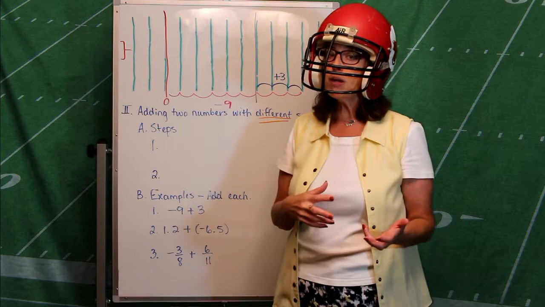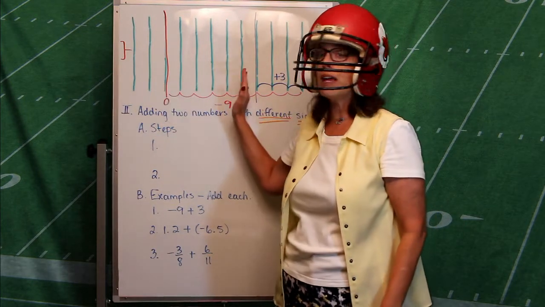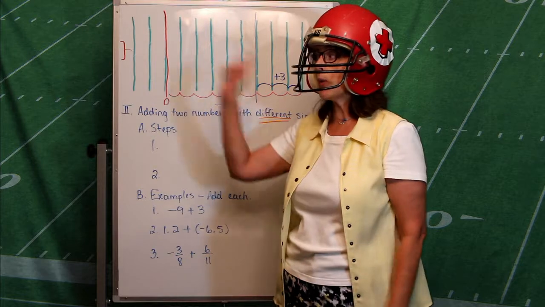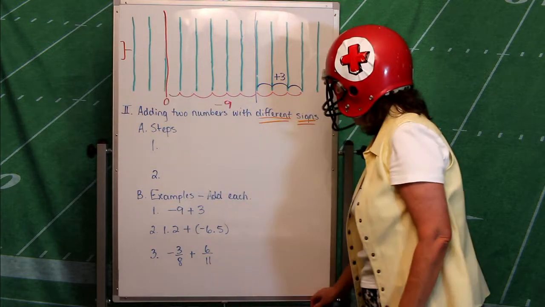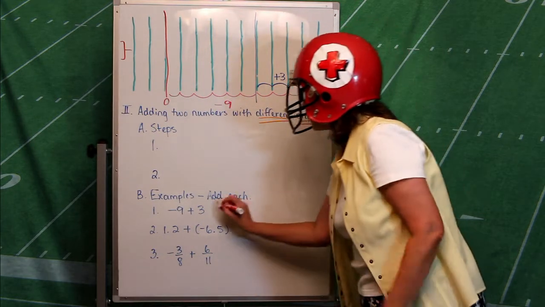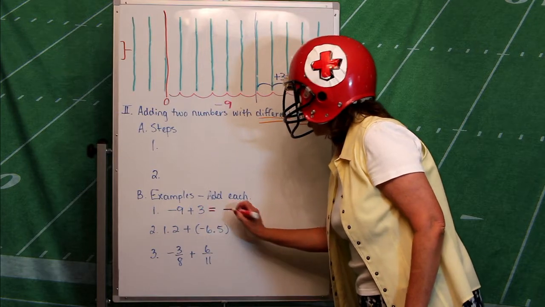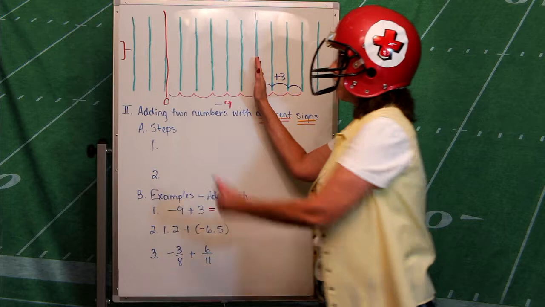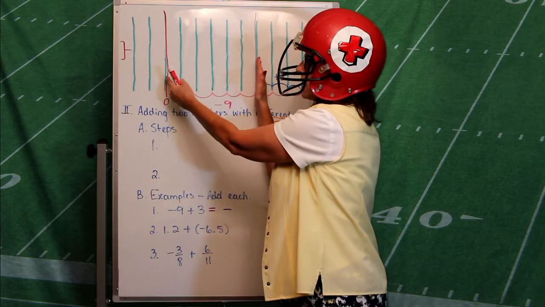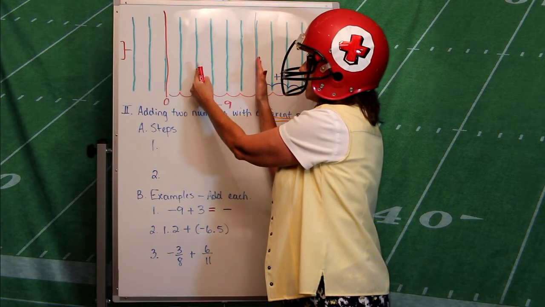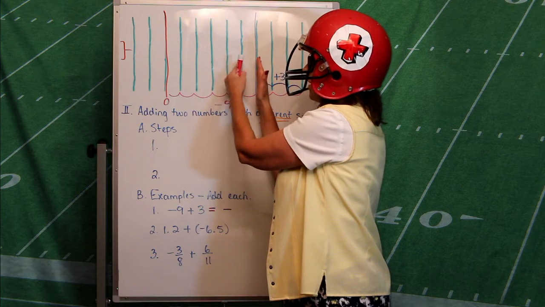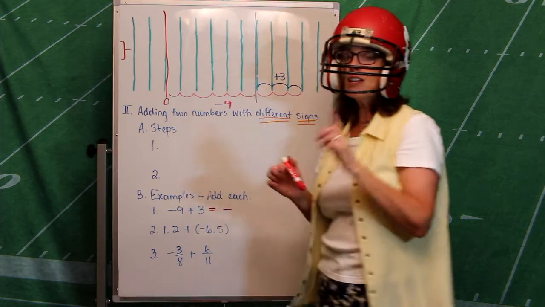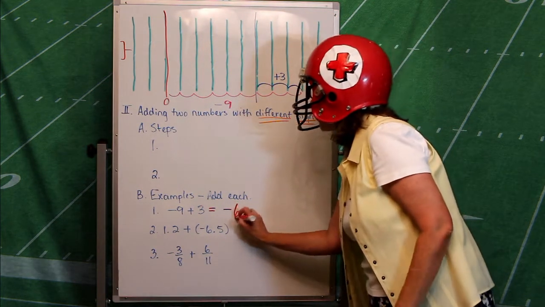Still, between the two plays, we took a hit and went backwards based on where we're trying to head. So therefore, in this problem, net loss. And that is a negative. Now, what is my net loss? If I started here and ended here, I got kicked back 1, 2, 3, 4, 5, 6. That is a net loss of 6 yards.